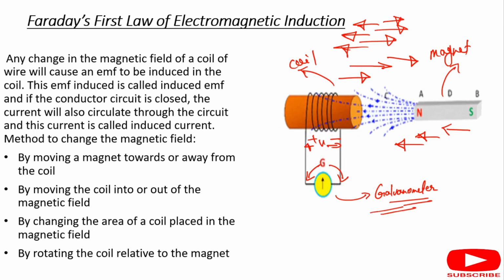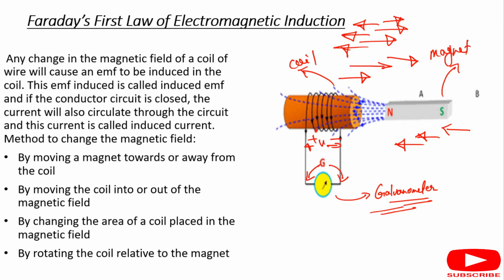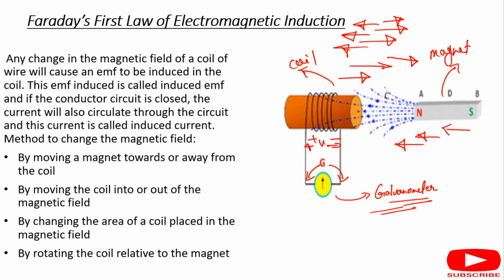Whatever voltage is induced in the coil depends on the rate of change of magnetic field. That's all about Faraday's first law of electromagnetic induction. This is also called the dynamic induced EMF.